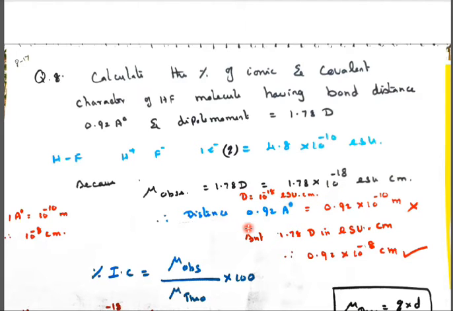The distance is given as 0.92 Angstrom. 1 Angstrom equals 10 to the power of minus 10 meter.